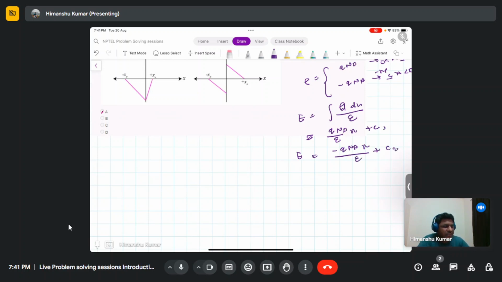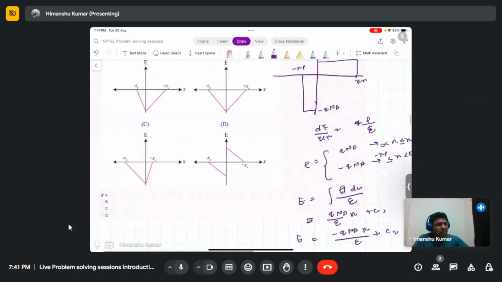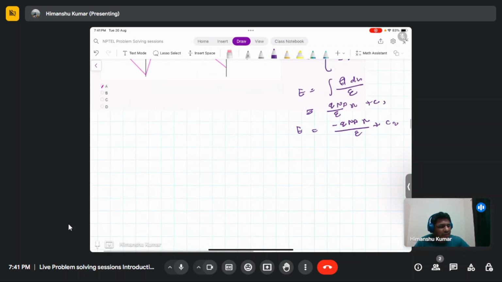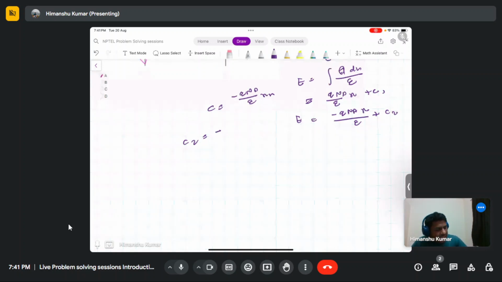And you also have one boundary condition: at x equals xn, the electric field is 0. So if you put x equals xn, then C1 is minus qND by epsilon times xn, and similarly for C2, if you put x equals minus xp, it will become minus qNA xp by epsilon.